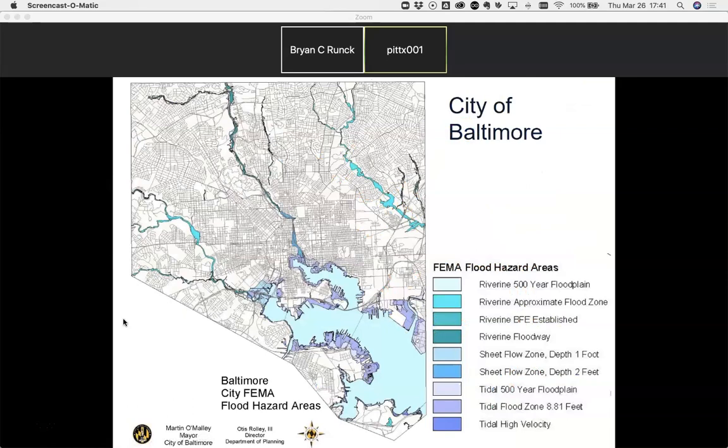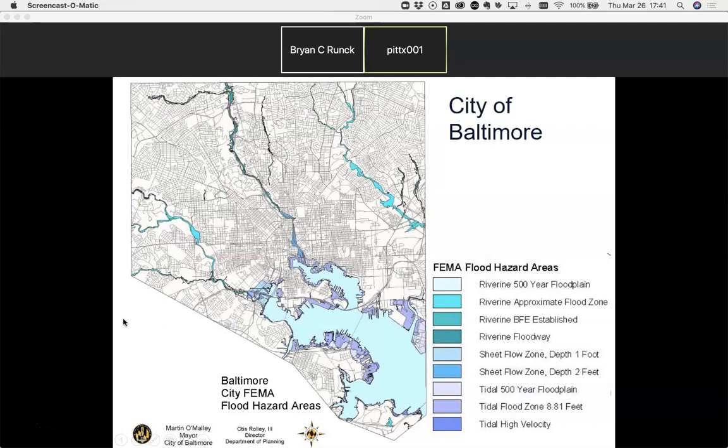This is a map produced by the Army Corps of Engineers, and it identifies both floodplains associated with water coming off of the landscape, the blue areas coming down out of the city of Baltimore, represent those areas that have a frequency of occurrence that varies depending upon whether we're talking about a 100-year storm event, a 500-year storm event.